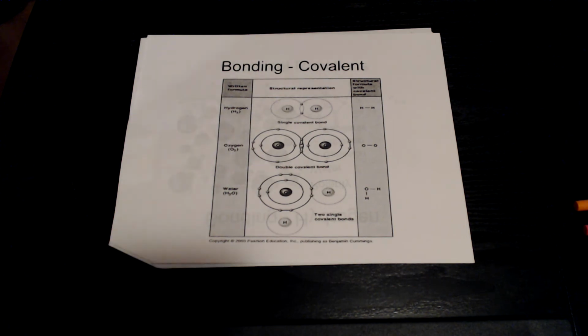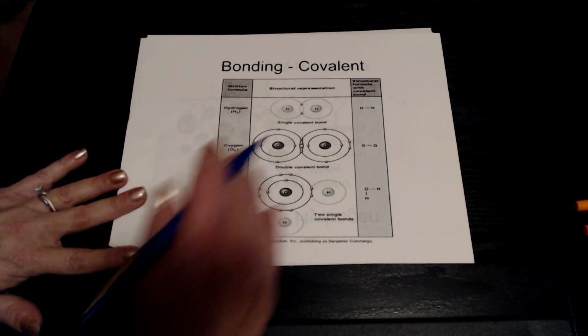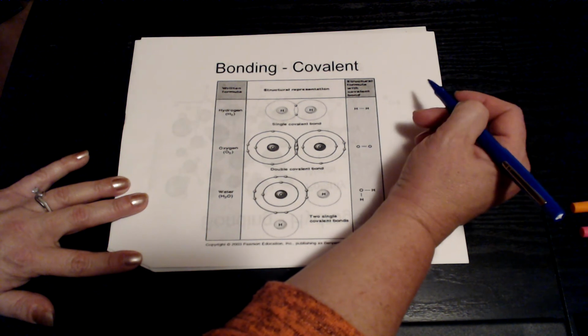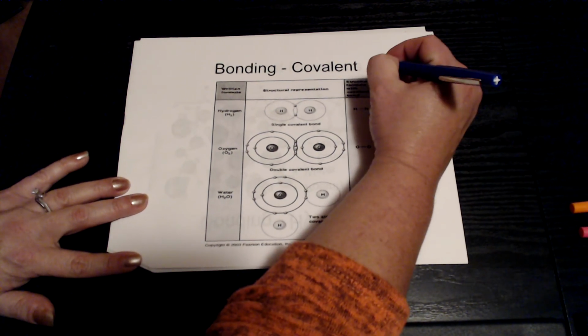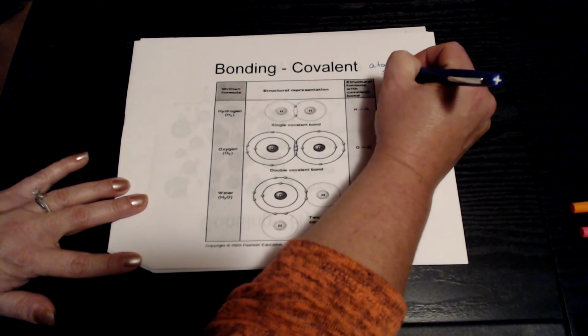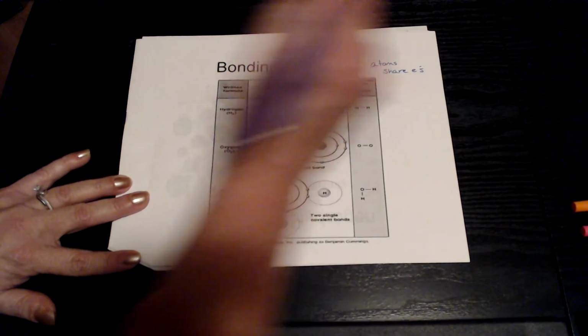So in a covalent bond, what's different is instead of one atom giving up the electrons and one atom taking on the electrons, the atoms share electrons.